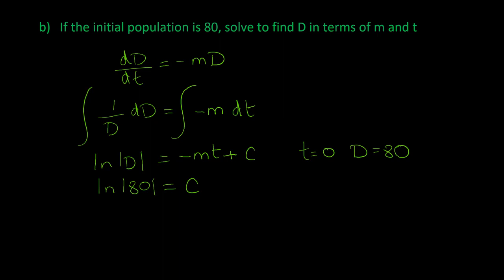So we found our c. So altogether our equation is going to look now like ln d equals minus mt plus ln of 80.